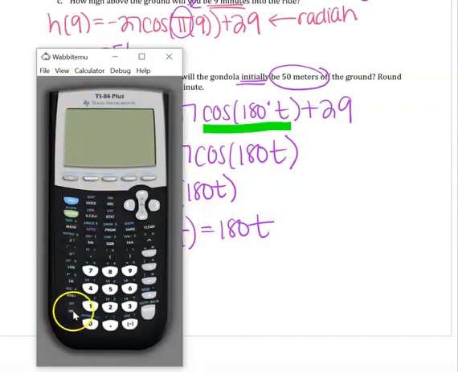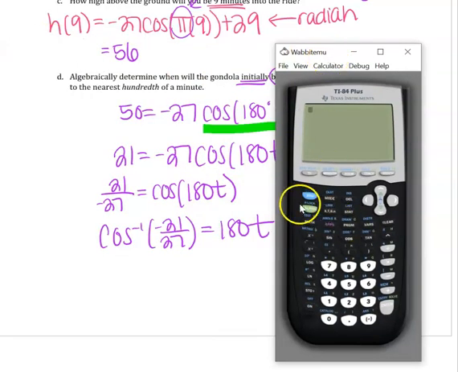Now remember, I changed it to 180 degrees, so I'm going to need my calculator in degree mode. Okay. So I'm undoing cos using inverse cos. So that's negative 21 over 27. And I'm getting this 141 number. Now remember, in order to solve for t, you're going to have to divide by 180.